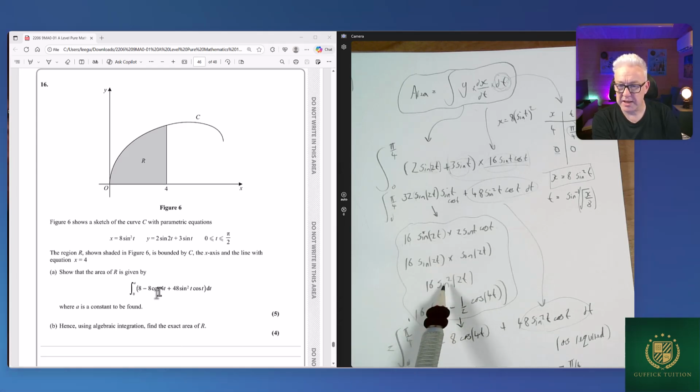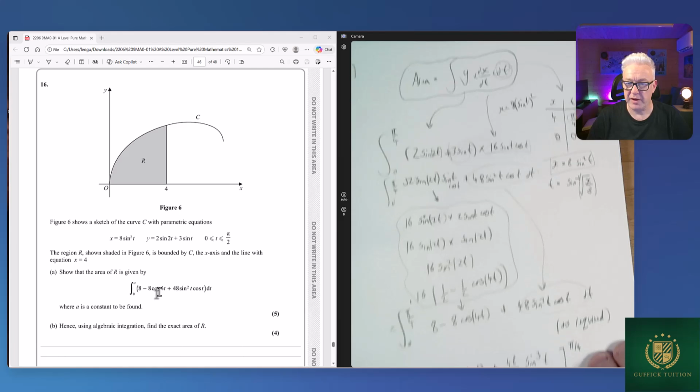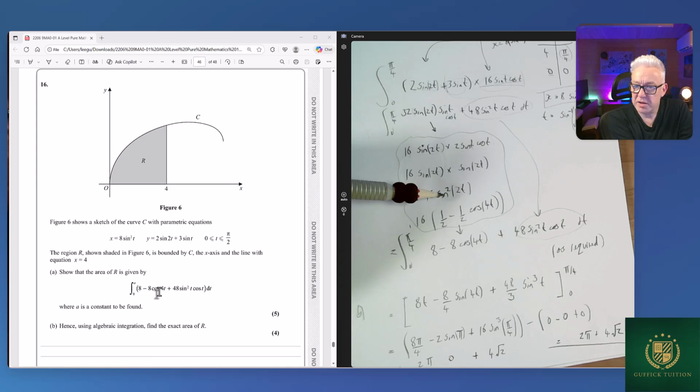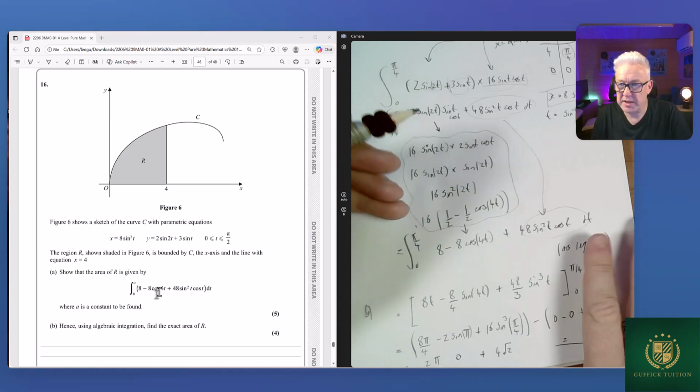So I've got 16 sine squared 2t, which is perfect, because using one of the double angle identities, sine squared x is a half minus a half cos 2x. So in this case, sine squared 2t is going to be replaced by a half minus a half cos 4t.